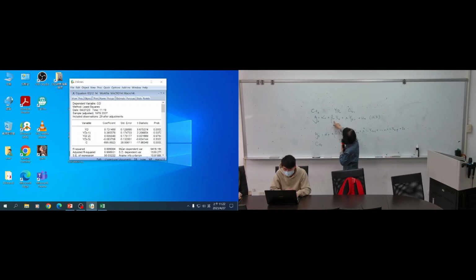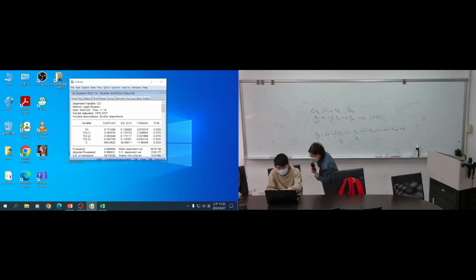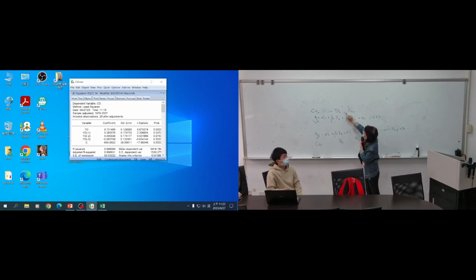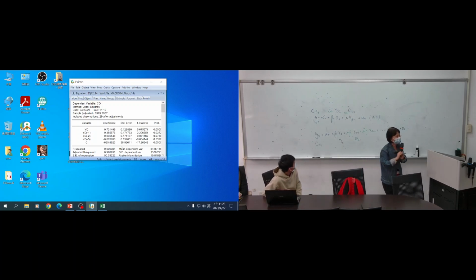If I just use 2 decimal places, it is 0.46, right? Then what is the lambda? 0.56. Yeah, okay. So this is 0.56, which I have.